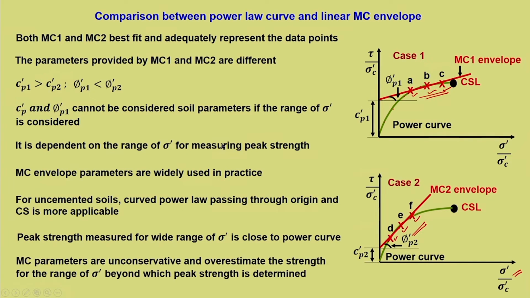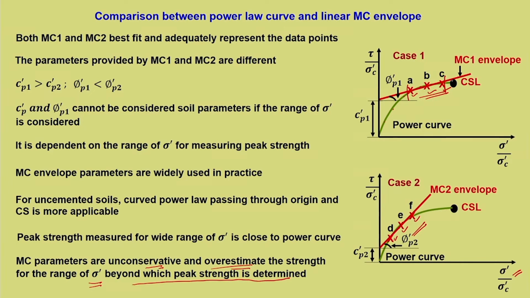Now, we can see another important aspect. Mohr-Coulomb parameters are unconservative and overestimate the strength beyond the range of sigma dash for which peak strength is determined. Please understand this. Let us take the example here. For these three data points, it fits very well. If this is the range considered, nothing is wrong; it goes hand in hand with the power curve.